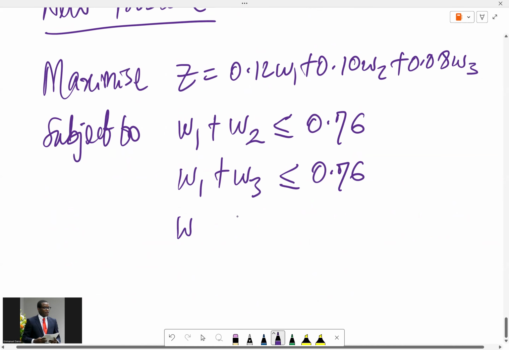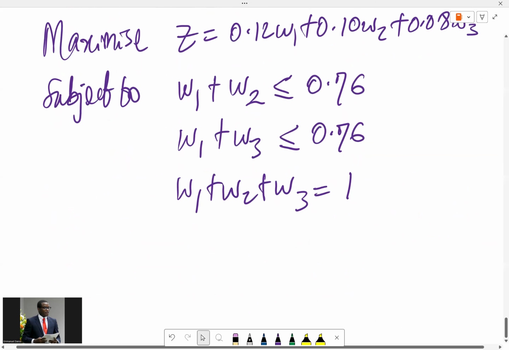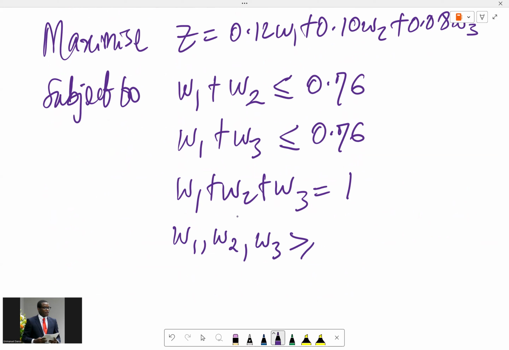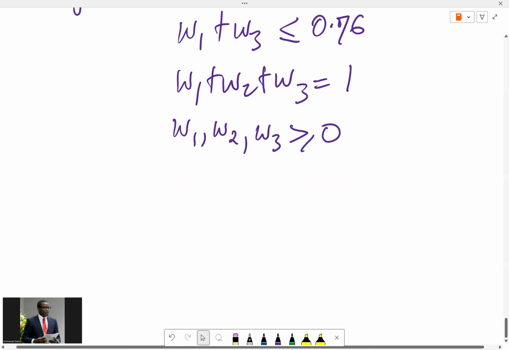And of course, W1 plus W2 plus W3 is one. There's nothing you can do about that. Everything has to add up to 100%. And then you have the inequality constraint W1, W2, W3, all greater than or equal to zero. Now, if you take this through simplex, see the solution you get.